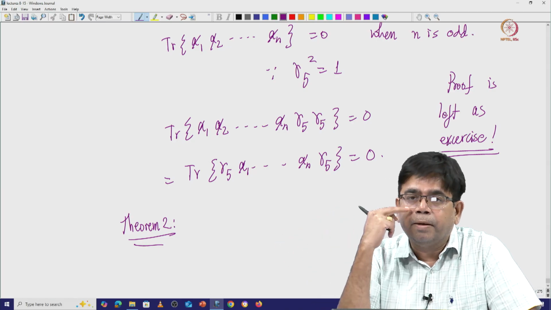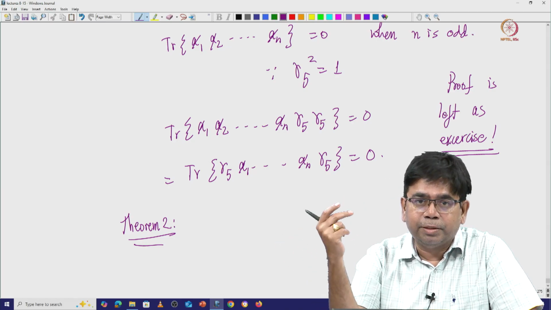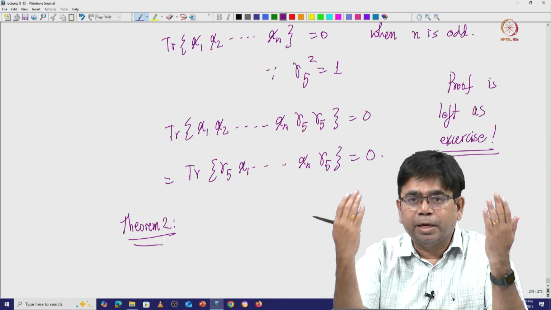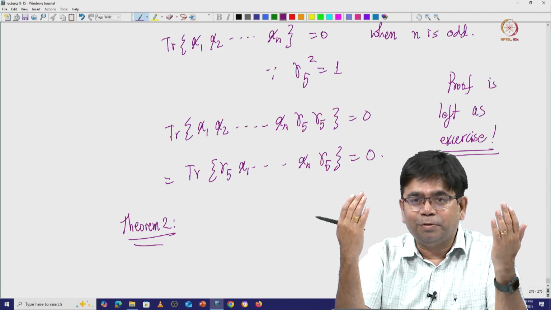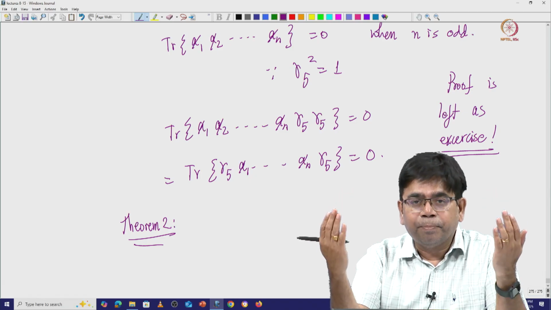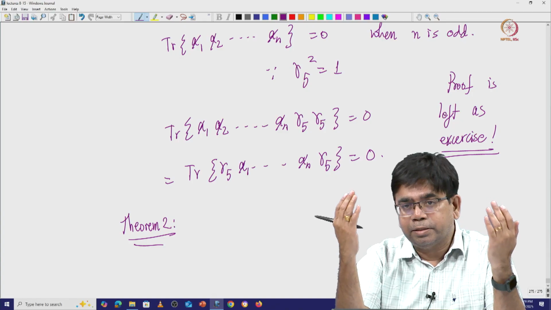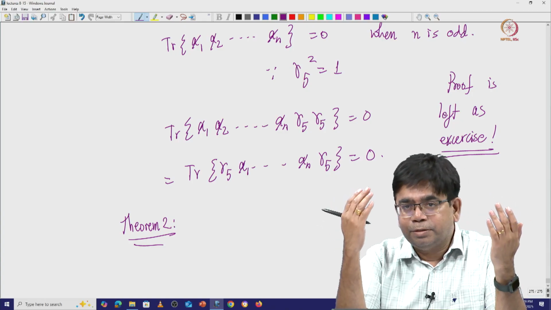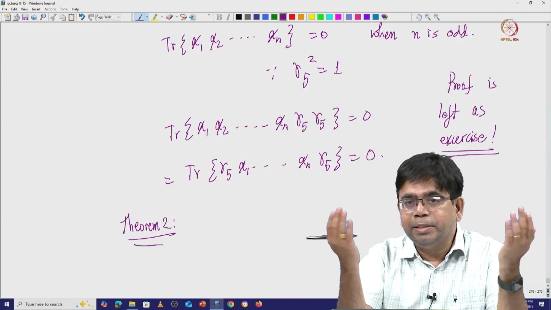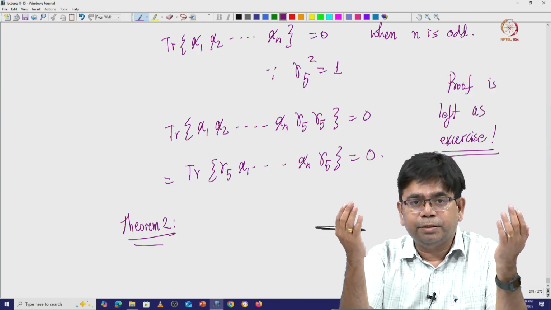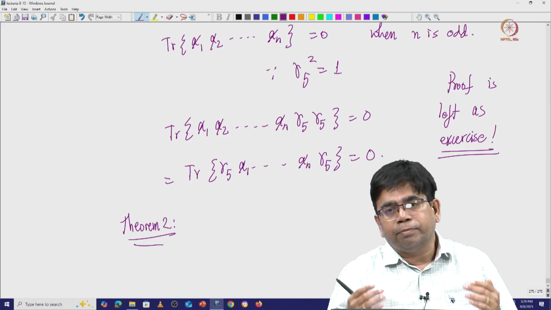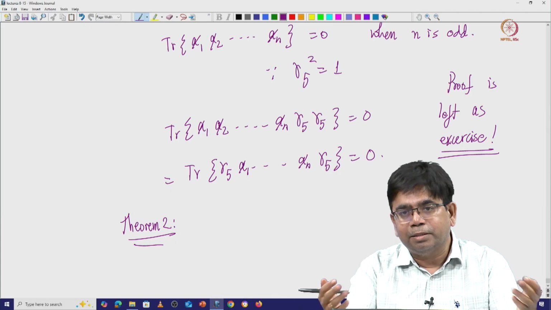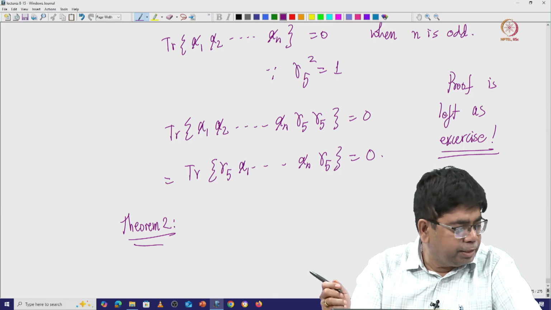You can show it because they anti-commute, you get a minus sign and a plus sign, and then you get a contradiction: minus the quantity is equal to plus the quantity, which is only possible when that quantity is 0. Most of the trace theorems come down to this contradiction. I welcome you to practice these and play around with them.